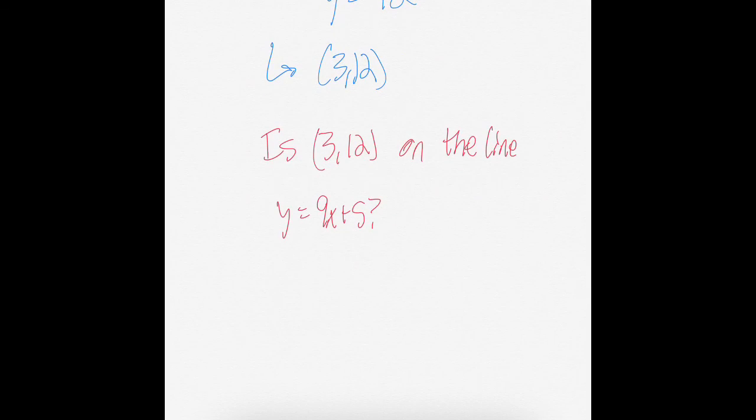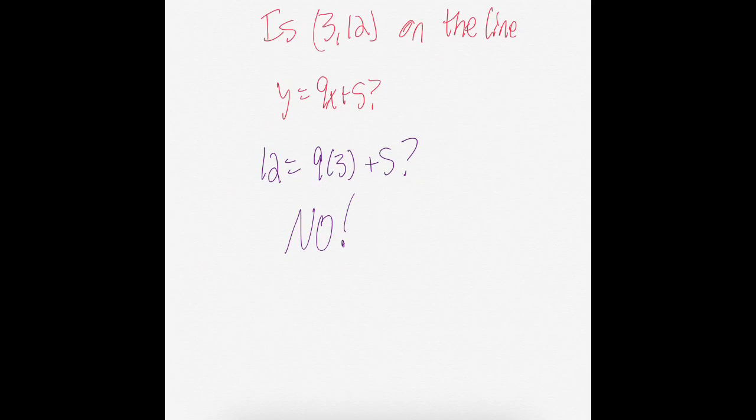So they're not parallel, they would be literally the same. Well, to see that, we just plug the value to check that. There are several ways of doing it. What I'm just going to do is, is it true that 9 equals 9 times 3 plus 5? Question mark? No, silly, absolutely not. So the lines are parallel.